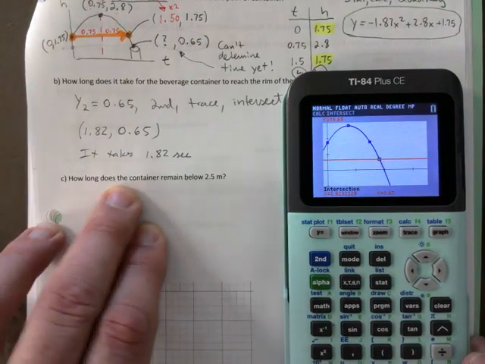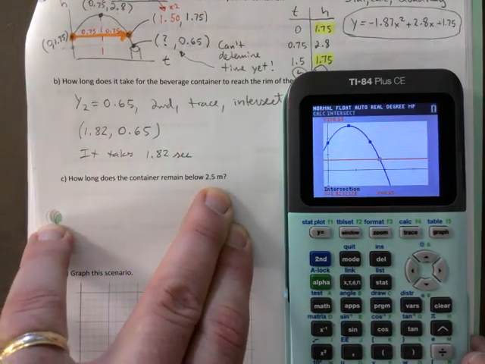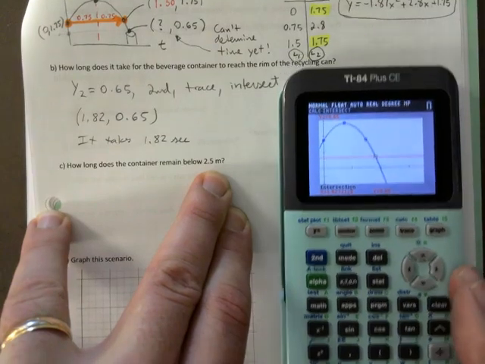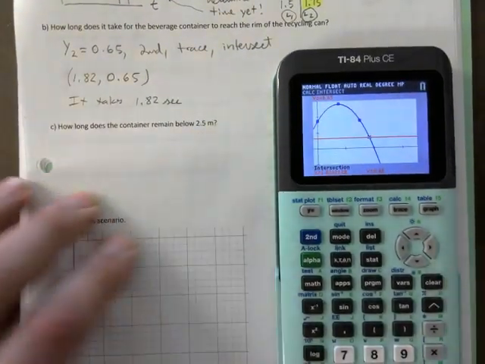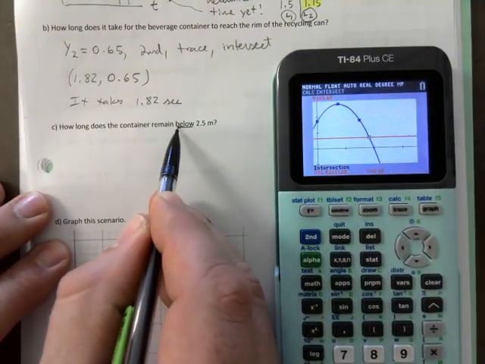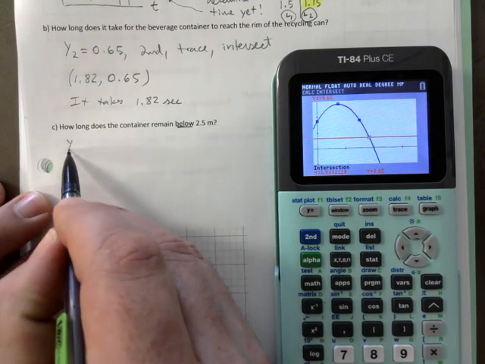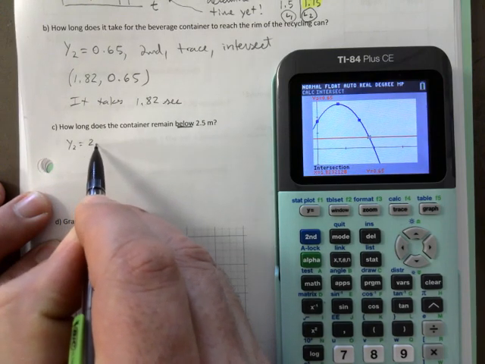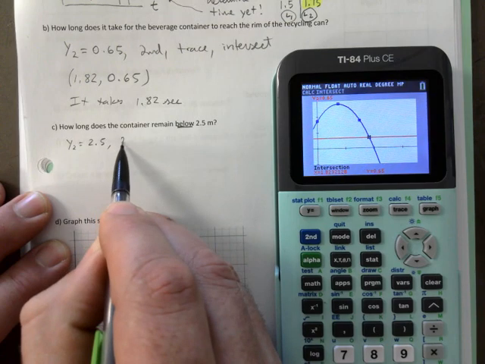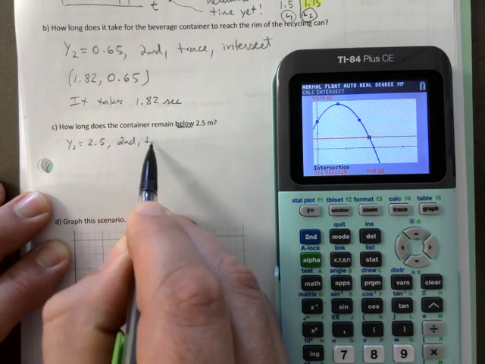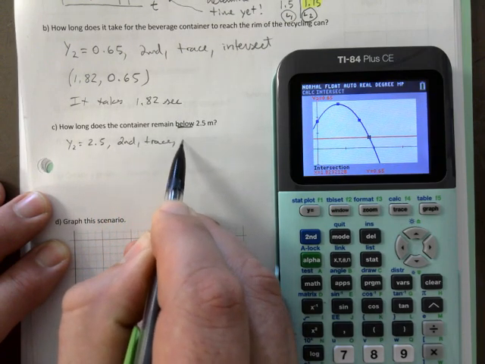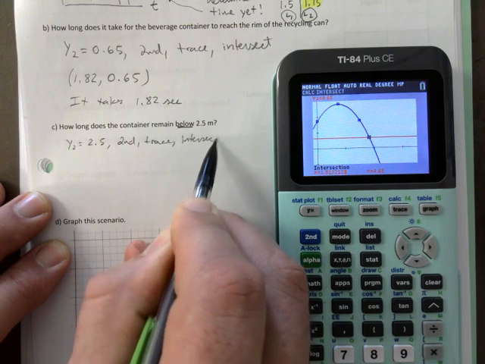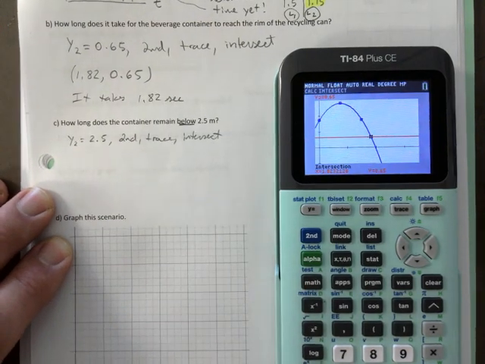How long does the container remain below 2.5 meters? Below, watch that, right? So we're going to go y2 is equal to 2.5. And we're going to go second, trace, intersect again, but this is going to be a little different.